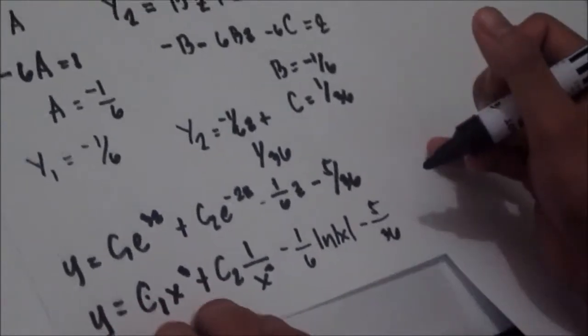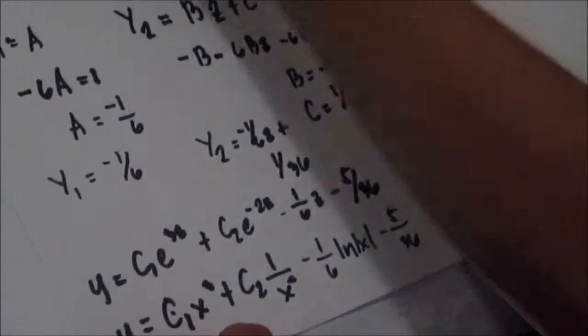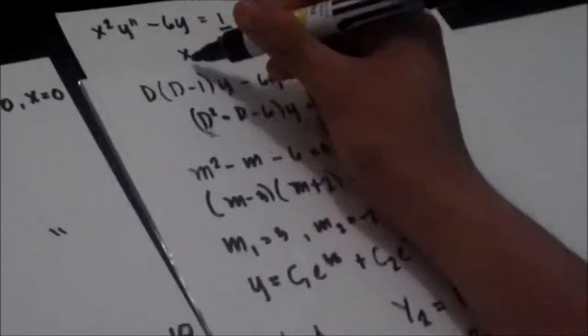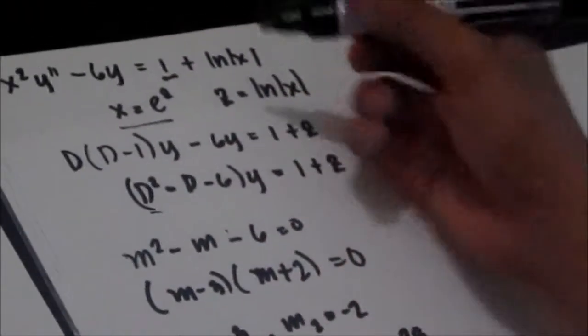We get this by using the substitution we have, which is x equals e to the z and z equals ln of x.